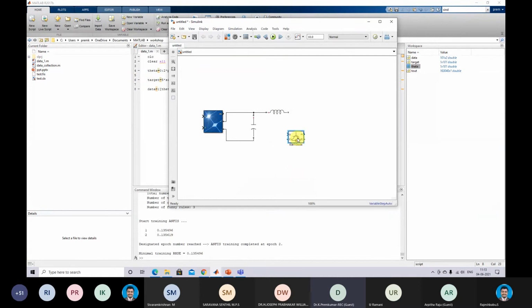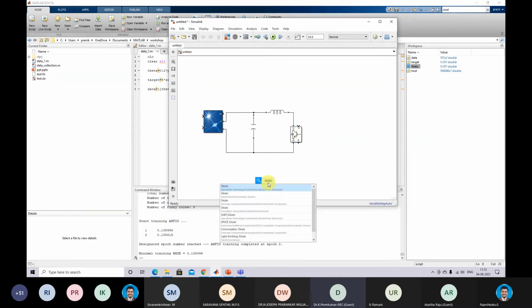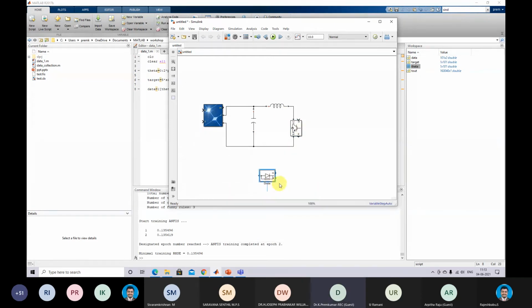Here I'm going to take the IGBT. After that we need a diode, so you have to connect the diode here. And then finally a capacitor here.